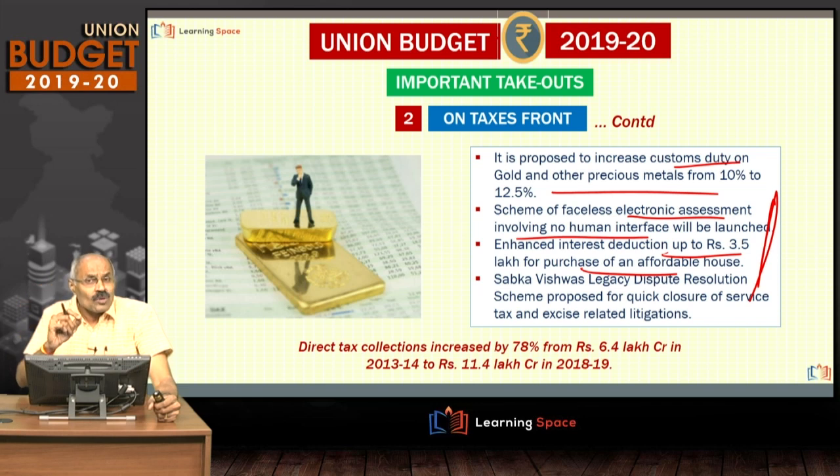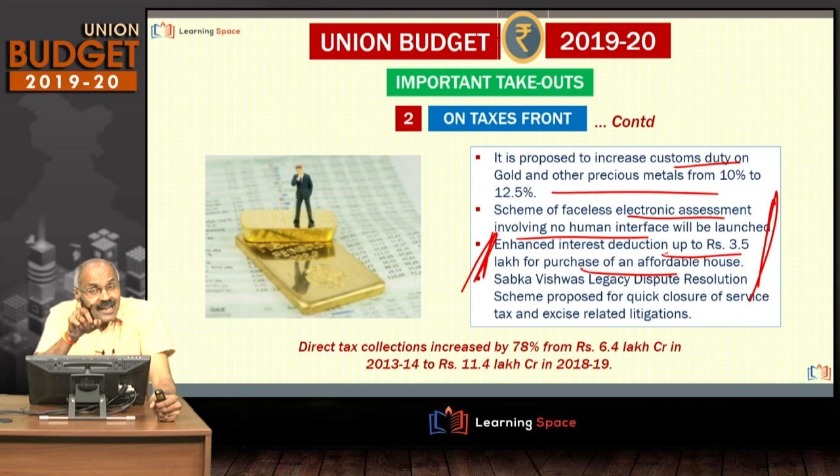So as to give thrust to the housing sector, especially affordable housing sector, these type of enhancements in the interest deduction are made. If you are purchasing an affordable house and on the loan taken, you have to pay monthly interest, and for the entire year the interest is exempted from income tax.